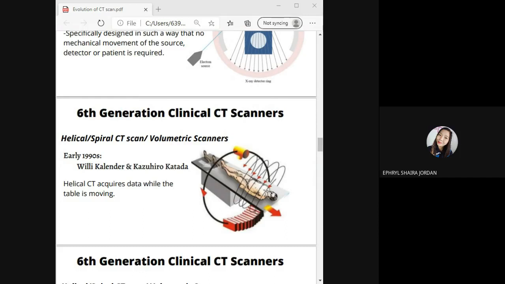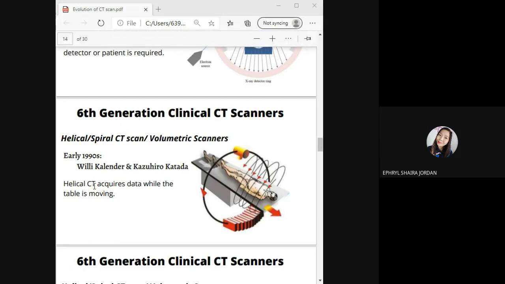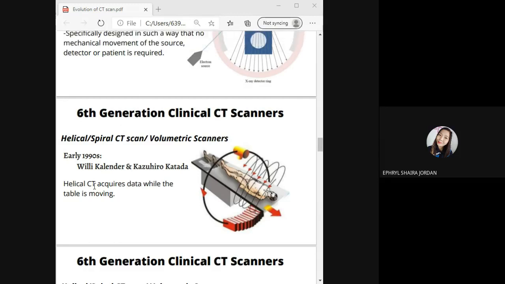This was introduced in the early 1990s, and most of its development was led by these two people, Willie Callender and Kazuhiro Katada. So yan ang mga major contributor ng sixth generation CT scan.